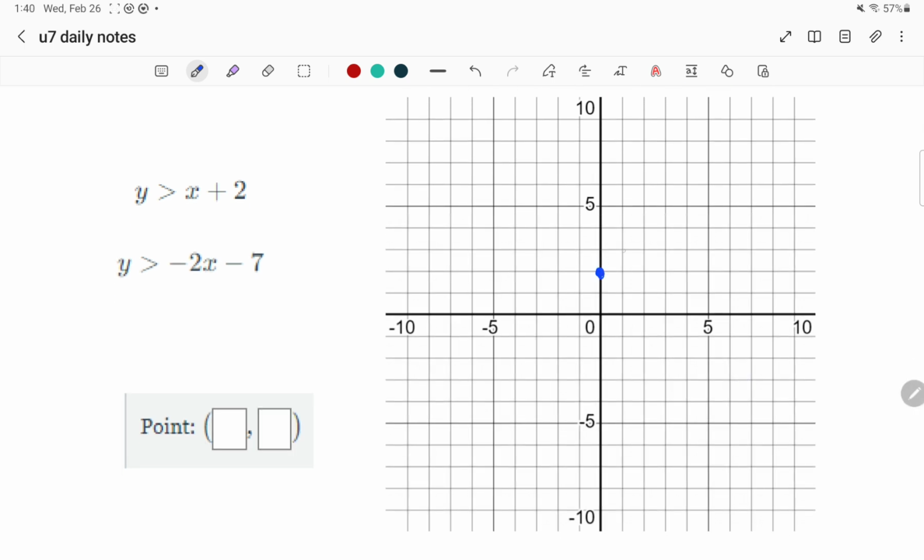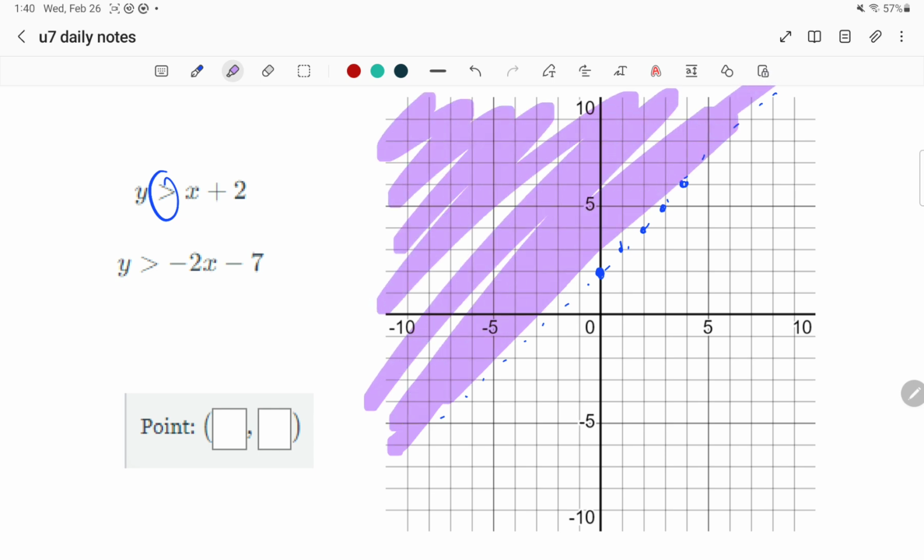Put a dot on 2. My slope is 1 over 1. My symbol says it's greater than, so that's a dotted line. And I'm going to shade above this time because it's greater. Second one, I'm going to do -7.